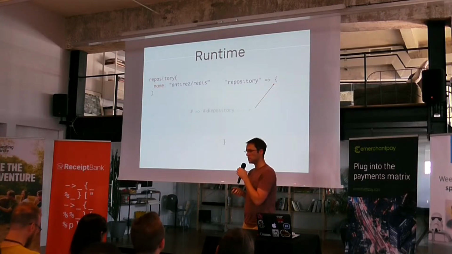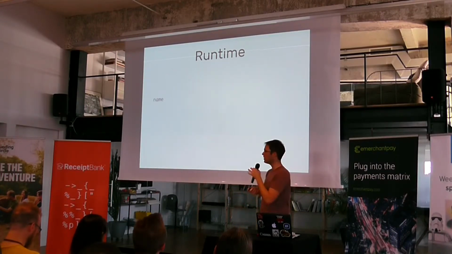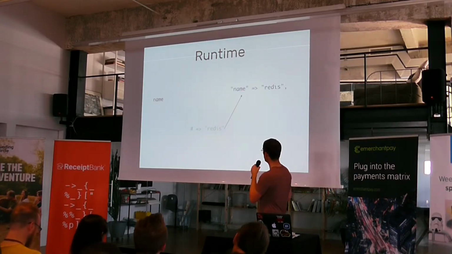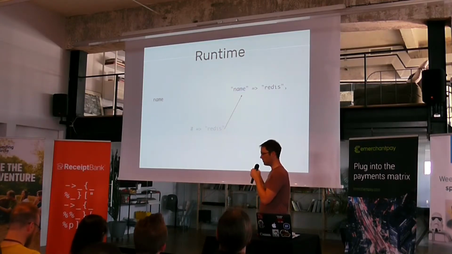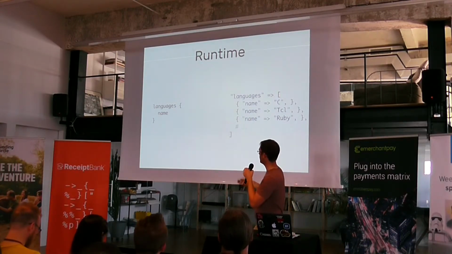Since it returned a repository, we're going to put another object in the response. The object was empty, so what goes in there? We're going to go to the next field, call another resolver, and then put the string in the body. We're going to do the same thing on down the line. We did call the languages, and for each one we got its name.